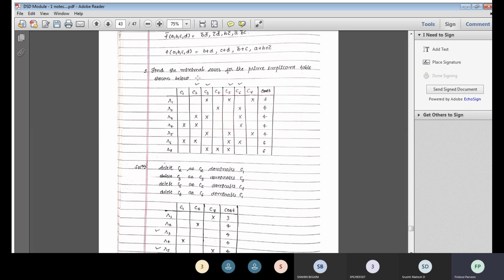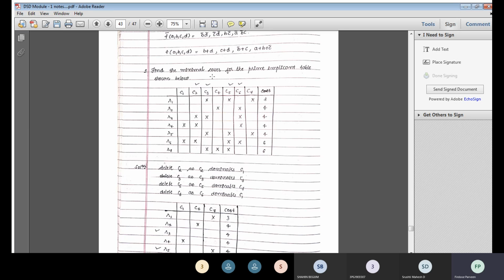I'll put a tick mark. In the same way, delete C3 as C3 is dominating C7. At the first position and at the fifth row it has, plus C3 has more. So I will delete that one.